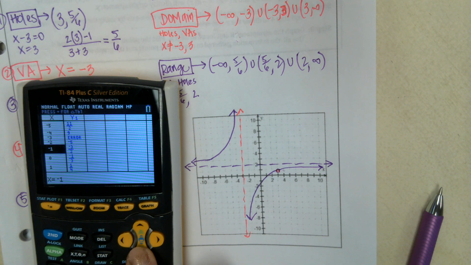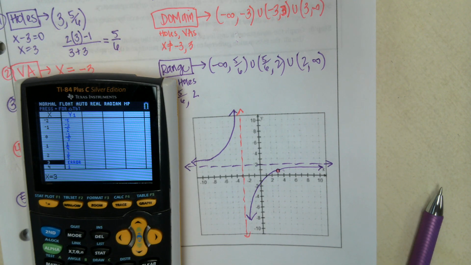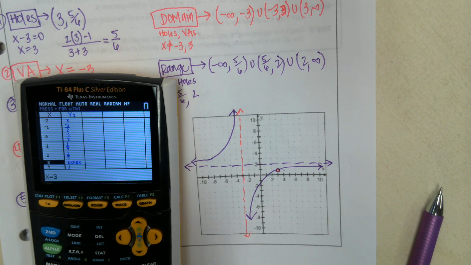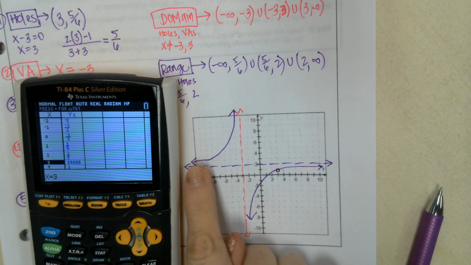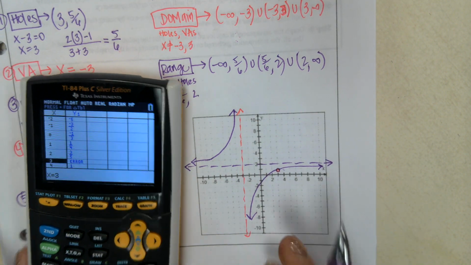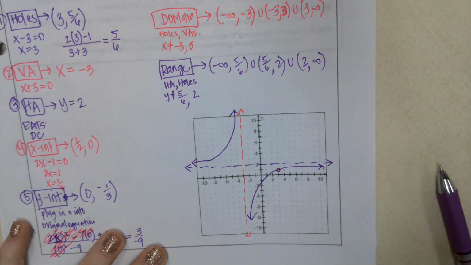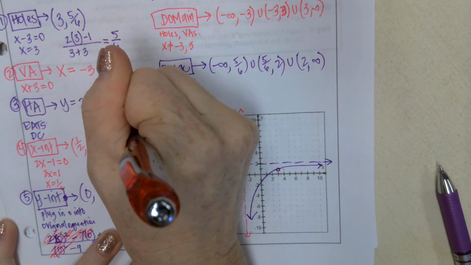And then I move over to +3, and I have another error because that is where the hole is. So if you're looking on your Desmos or in a graphing calculator, you should be able to sketch the picture, because the picture is going to help me with the end behavior.